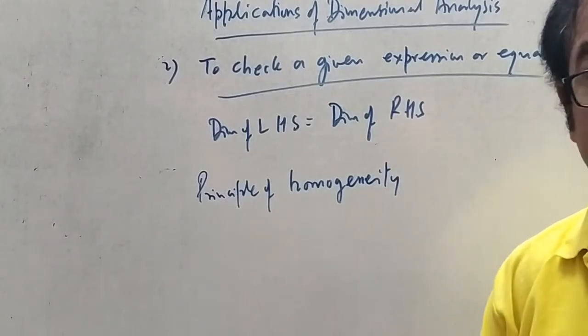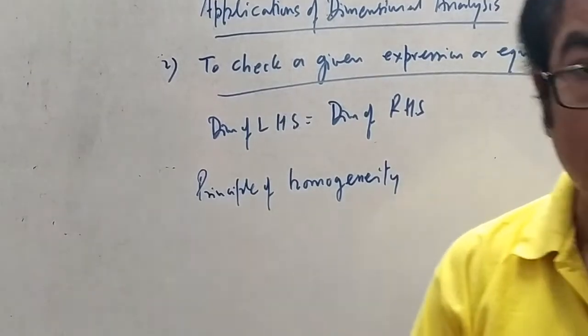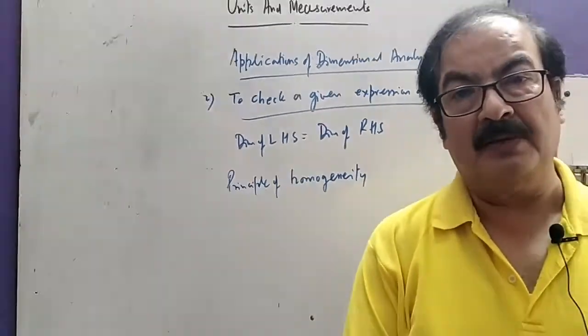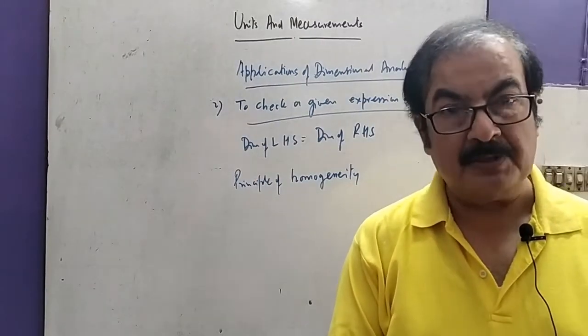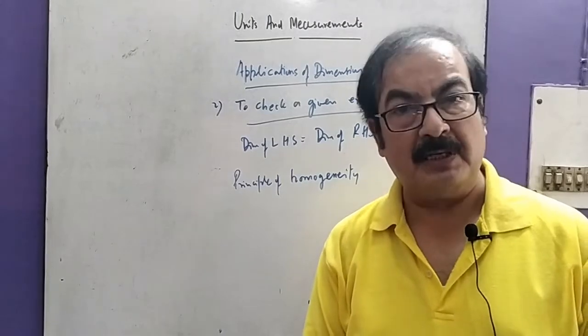According to the principle of homogeneity, in any dimensional formula, the dimension of the left hand side must be equal to the dimension of each term of the right hand side.